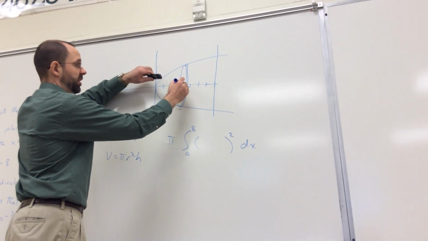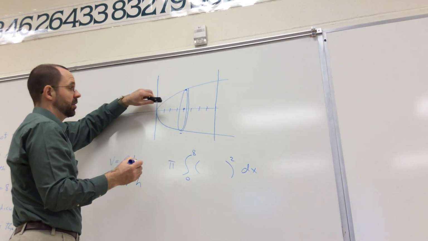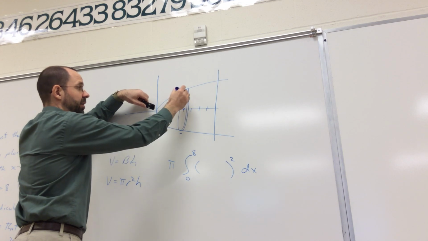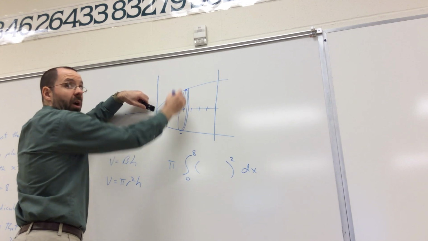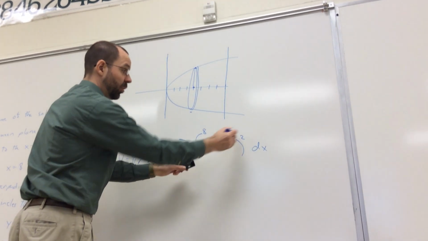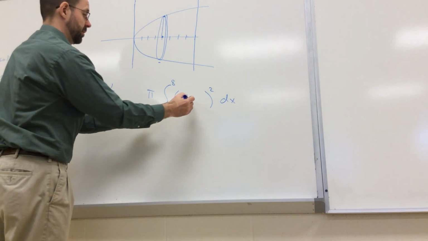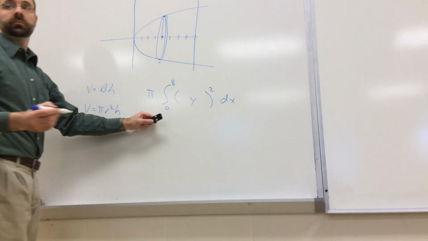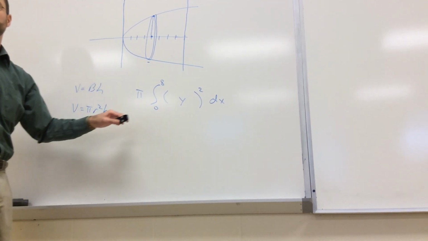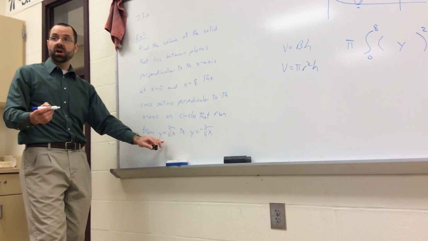Radius goes from here to there. So if you plot that point, you go over x and up y. So the radius is the y value. So I could put y squared there, right? But I don't want x's mixed with y's. So I can use this formula for the y.